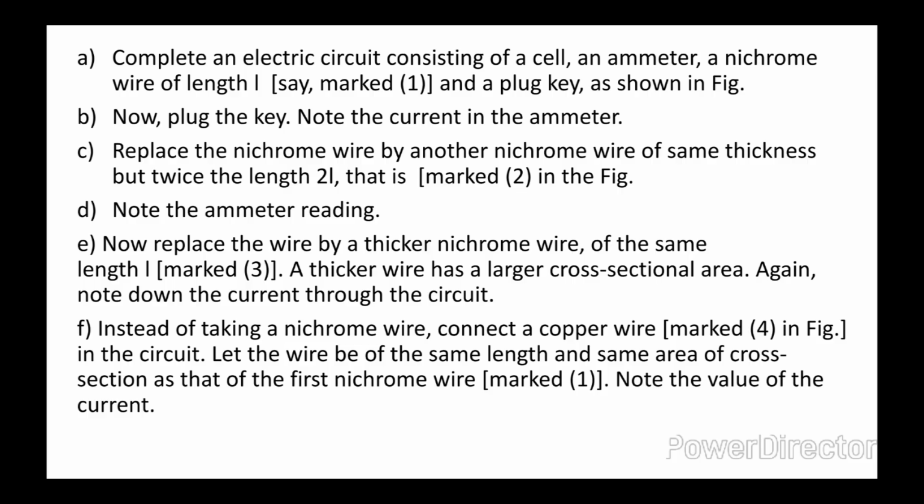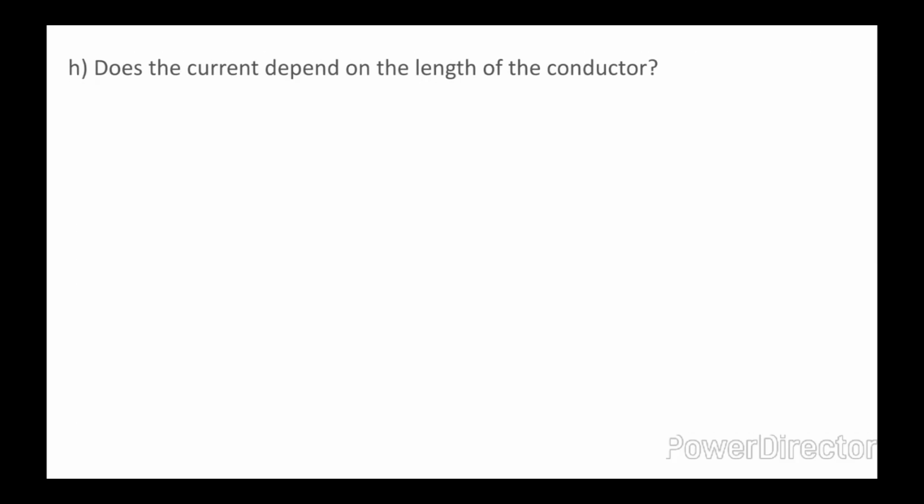You will take the length of the nichrome wire of the first case, but you will take the thicker nichrome wire. And in the fourth case, you will take the copper wire of same length L. In all the cases, you note down the reading of the current and compare the reading whether it is same or different in all the cases.